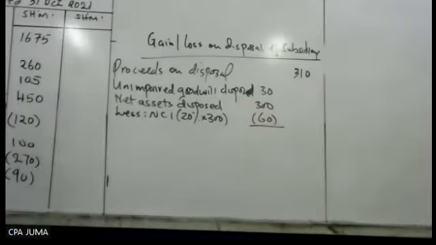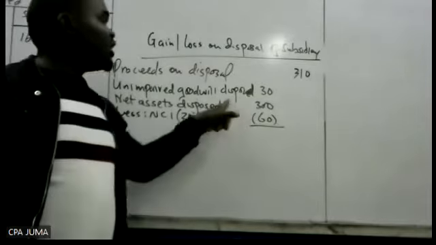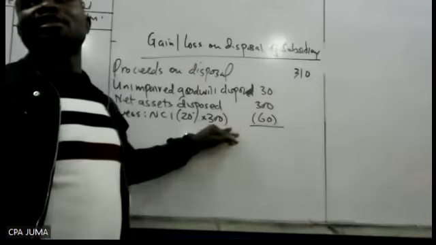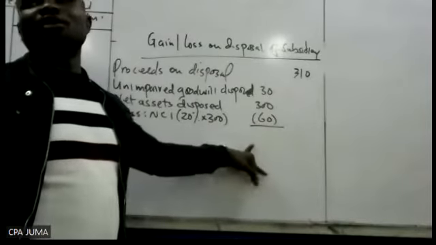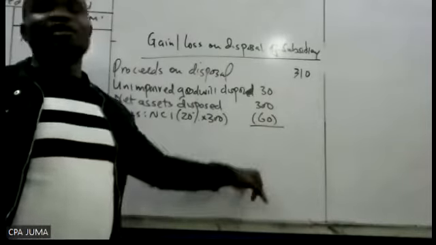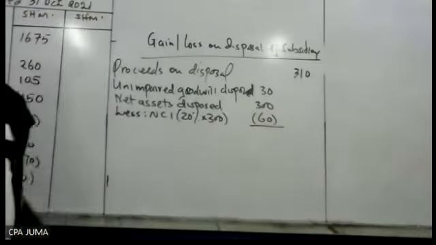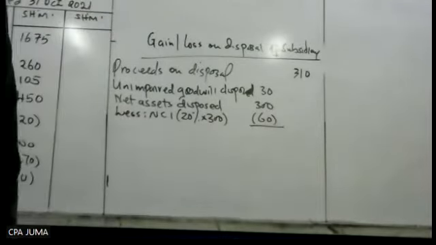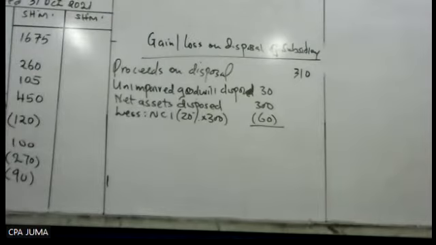There are two ways. You can work it two ways. You can take 80% of this, then you fail to capture NCI. Or you bring full, then you subtract. So now, 30 plus this minus 60 to 70.